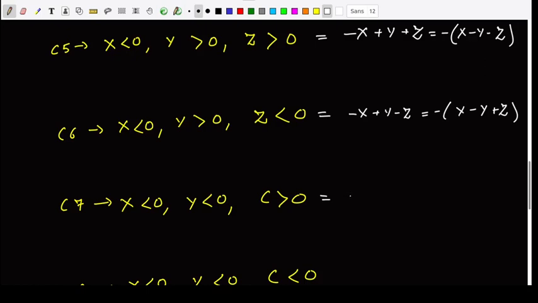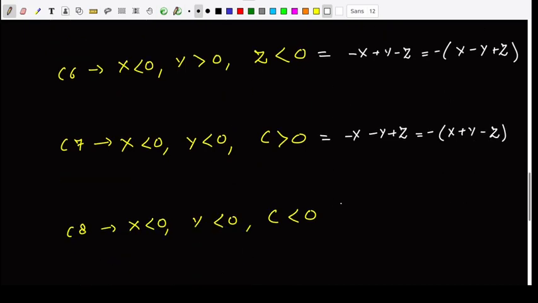This is basically minus x minus y plus z, and if we take minus common, this becomes x plus y minus z. Similarly, this is minus x minus y minus z. If we take minus common, this becomes x plus y plus z. Alright. So now let us compare all the cases.